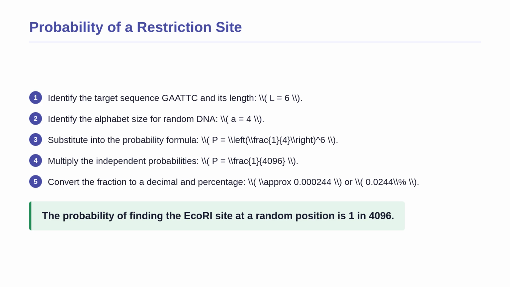We choose our probability formula and substitute these values, giving us 1/4 to the power of 6. This means at each of the 6 positions, there is a 1 in 4 chance of getting the correct letter. Multiplying this out gives 1 over 4,096. Our final answer means you would expect to see this cut site roughly once every 4,096 base pairs, helping biologists predict how a genome will be chopped up.